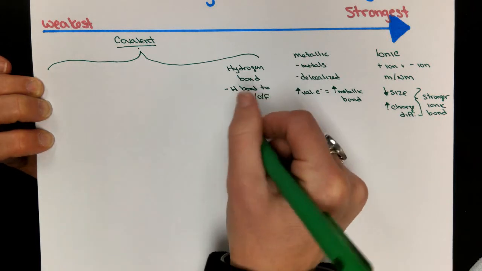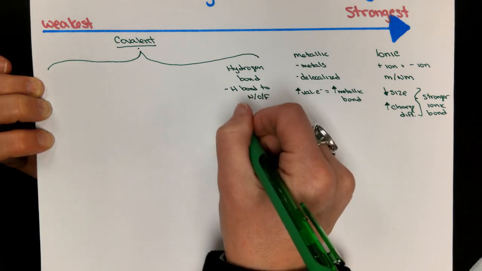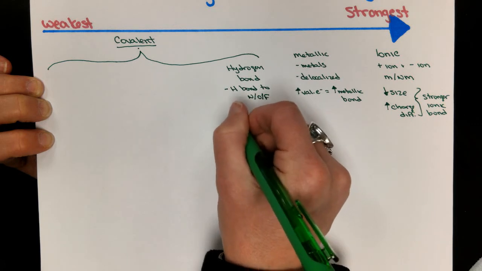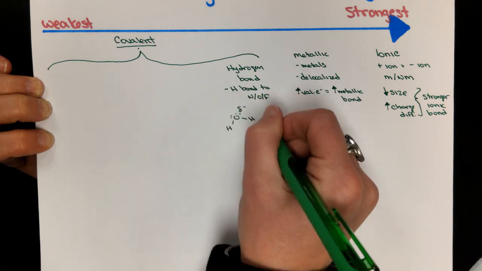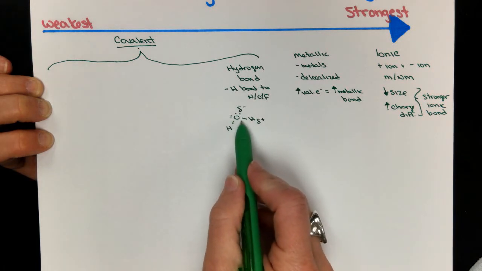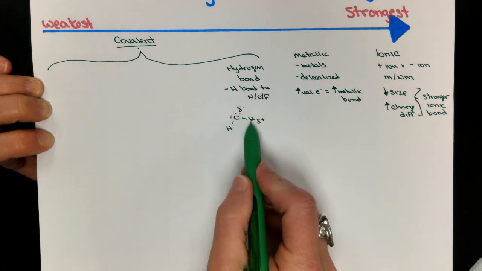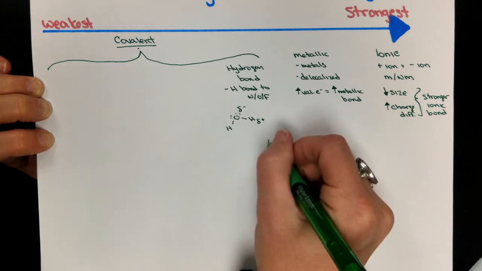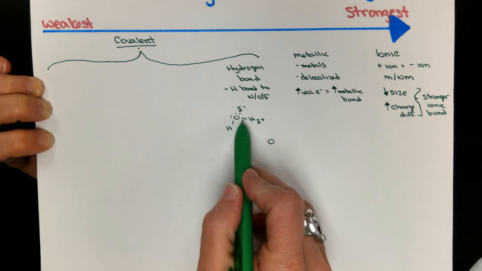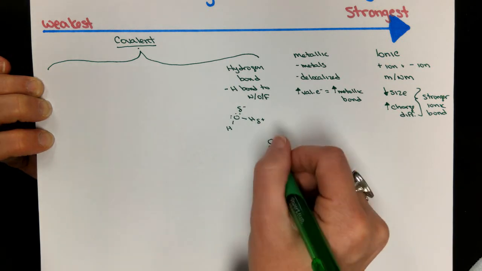So for example, if you have water, which looks like this, we've got our negative dipoles and our positive dipoles. The hydrogen has to be bonded to the oxygen in order to get these dipoles. All right? But this right here is not our hydrogen bond. That's not our hydrogen bond. That's our polar covalent bond.